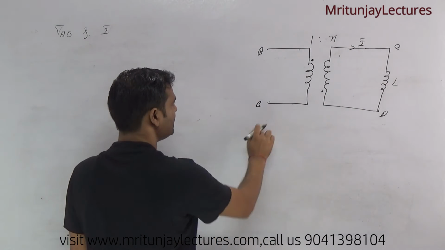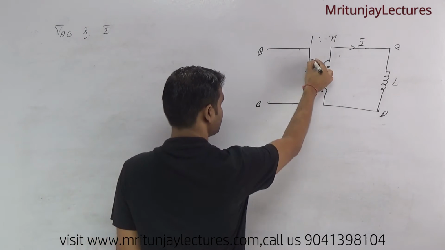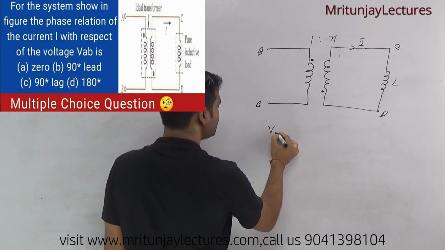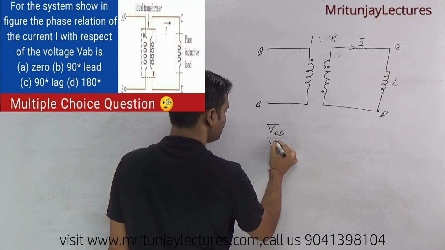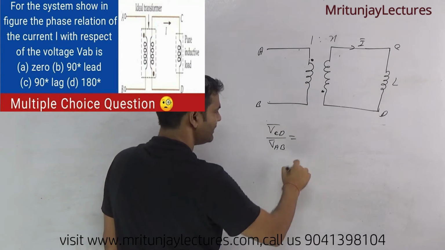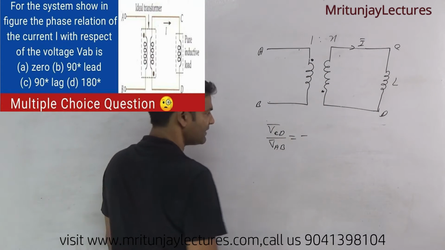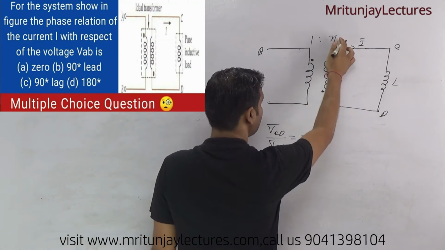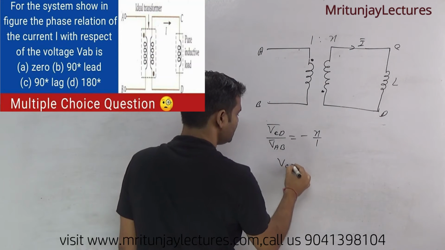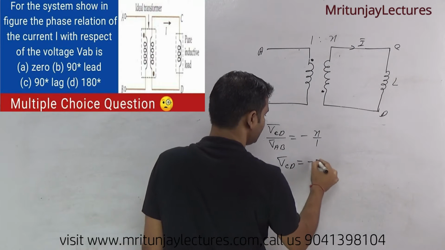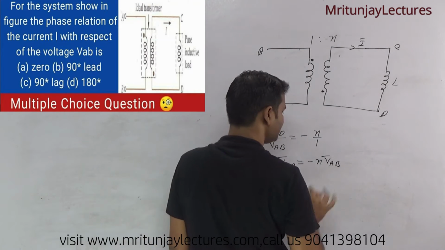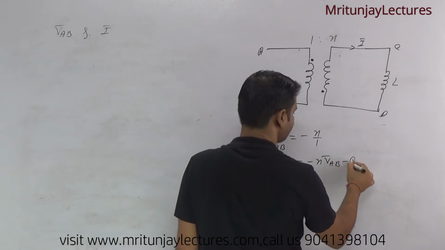Corresponding to the dot sign convention, V of CD divided by V of AB is written as, since the polarities are different, the turn ratio is negative, n divided by 1. So V of CD is written as minus n into V of AB. Clear? Simple. Equation number 1.